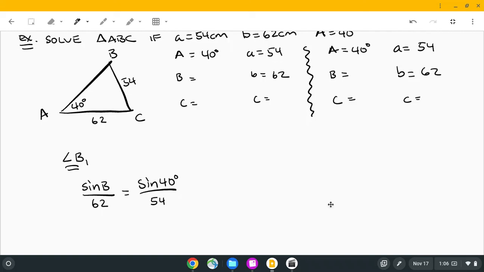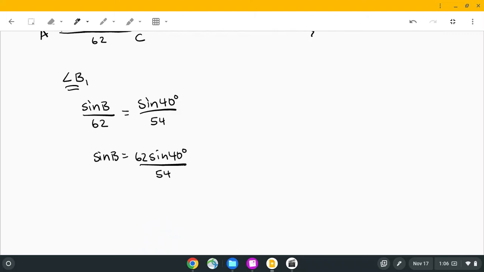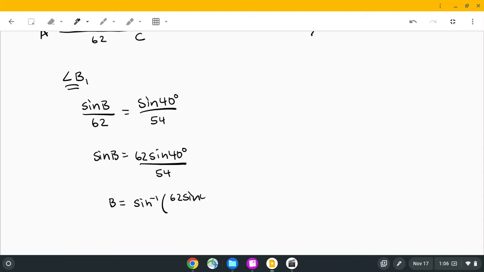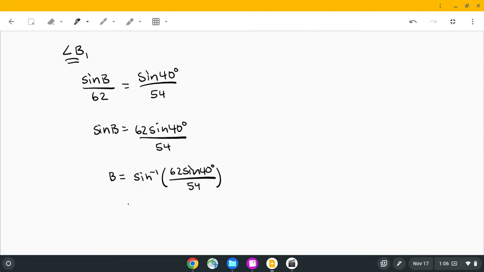Okay, and when I solve for B, sine B equals 62 times sine 40 over 54, and then take the sine inverse. So B equals the sine inverse of 62 times sine 40, all over 54. And what happens is we get roughly 47.56 degrees.